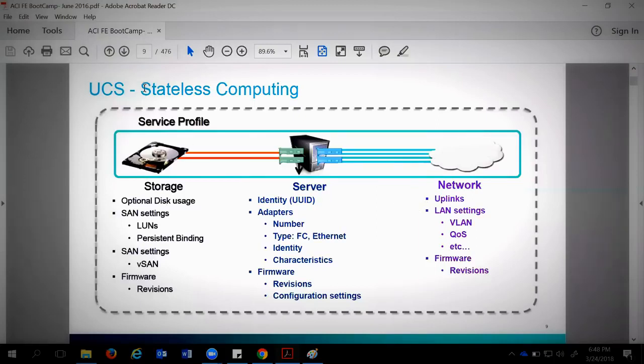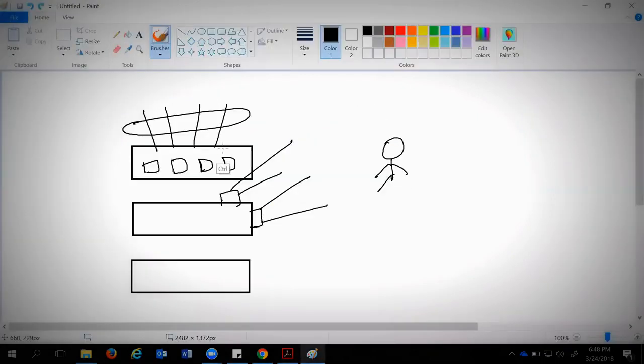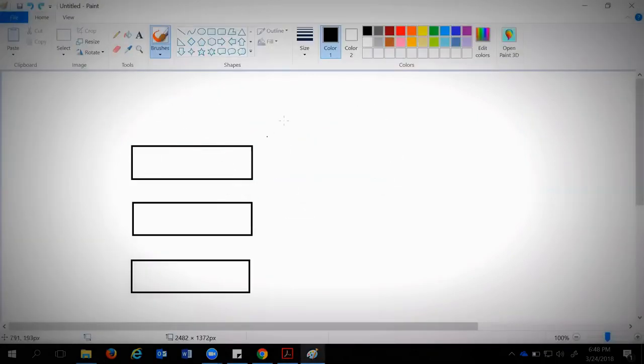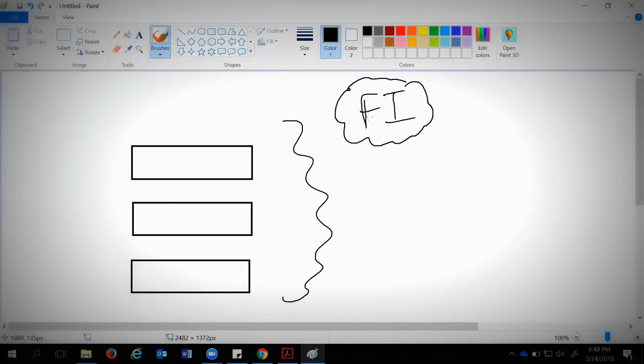So whenever we say it's stateless computing, the idea is that we would have the blades. We will discover all these blades with the help of devices like Cisco FIs, which are called fabric interconnects. And we would tell the UCS fabric interconnect with the help of a service profile.